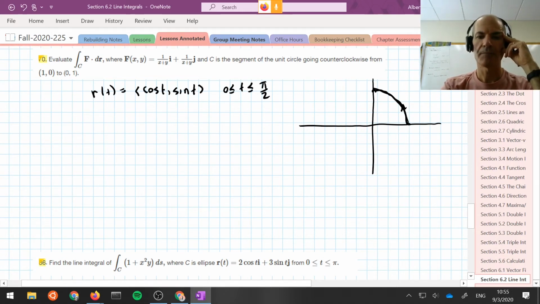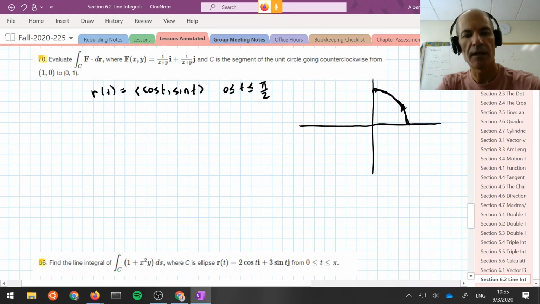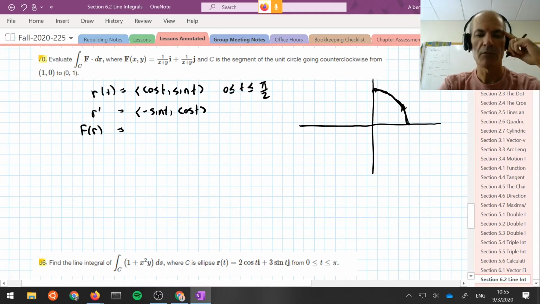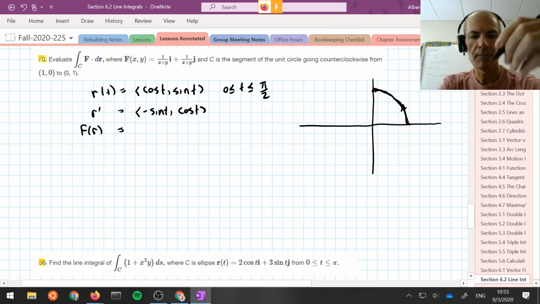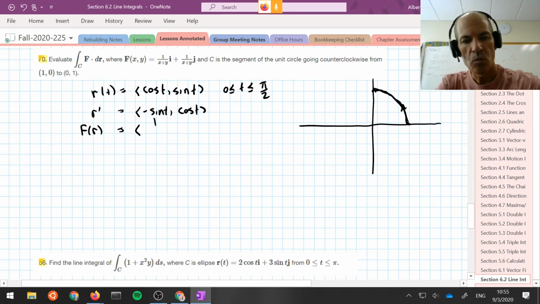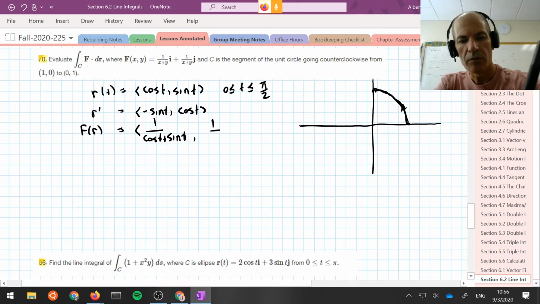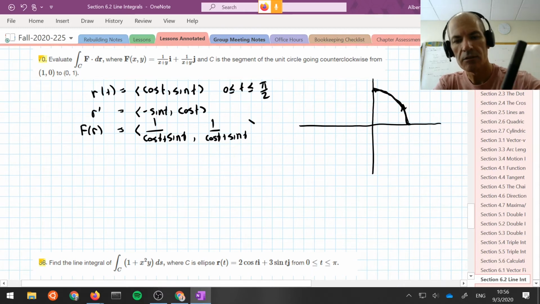oriented correctly. All right, if we're going to do F dot dr, then we need r prime, which is minus sine of t, cosine of t. And we need F of r, so that's F evaluated along r. And that looks like this, 1 over cosine t plus sine t, 1 over cosine t plus sine t.